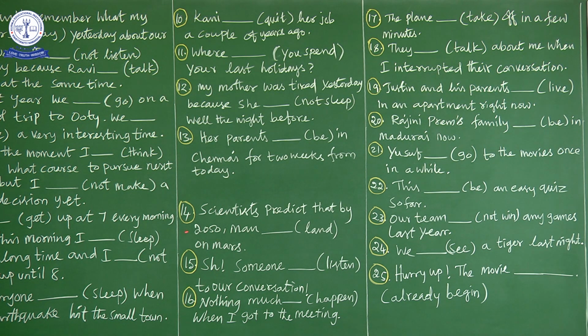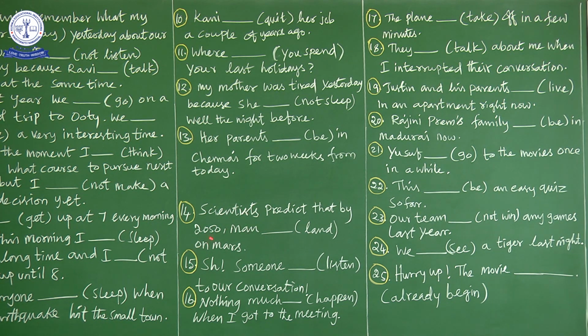Let's move on to the 14th. Scientists predict that by 2050, man dash land on Mars. Now, which tense does it refer to? It is future. But we have to choose one of the tenses in the future tense. That is future perfect tense. Why have we gone for future perfect tense? Because the keyword by is there. So this by 2050 refers to what?